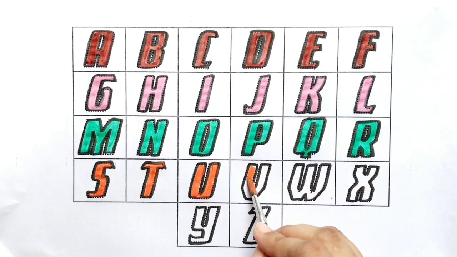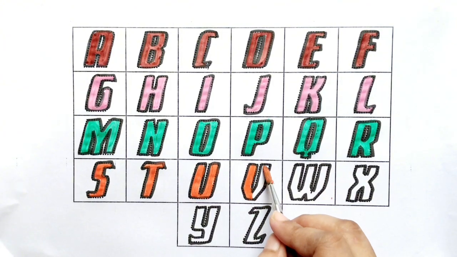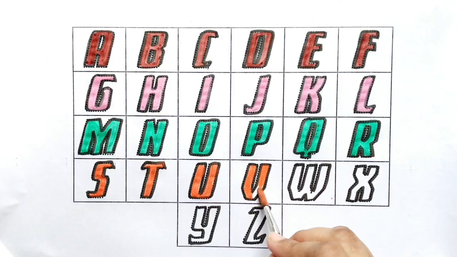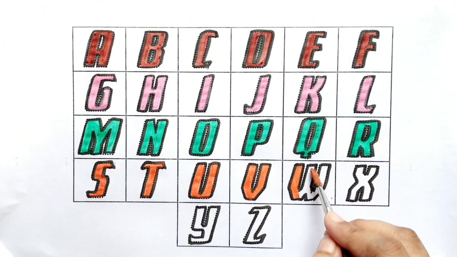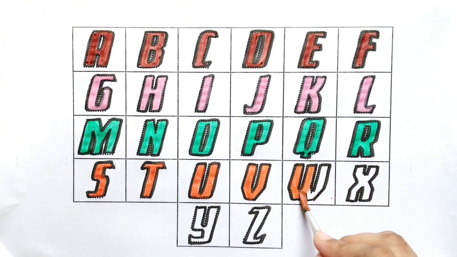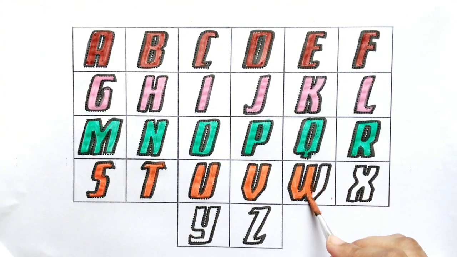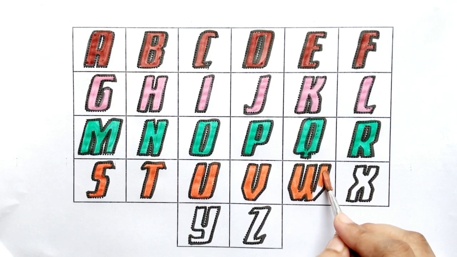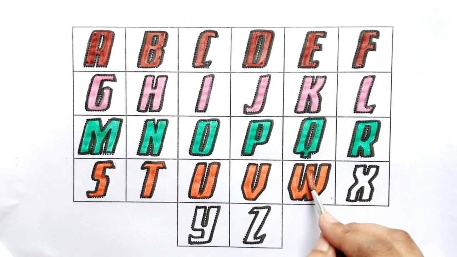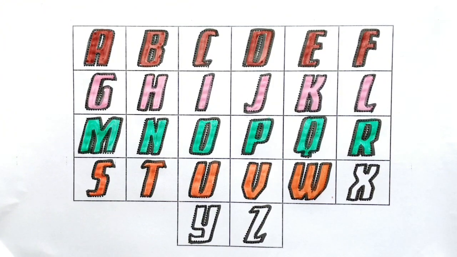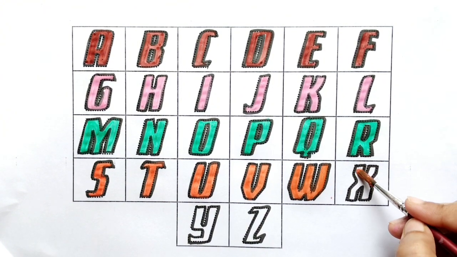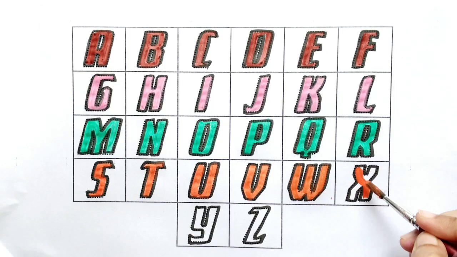V for vase. W for watch. X for xylophone.